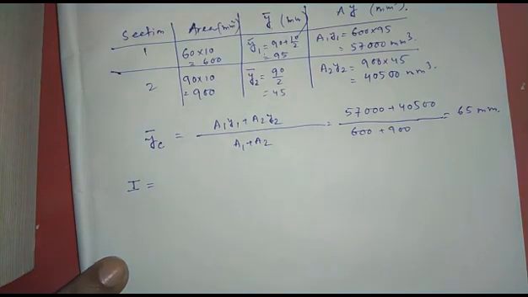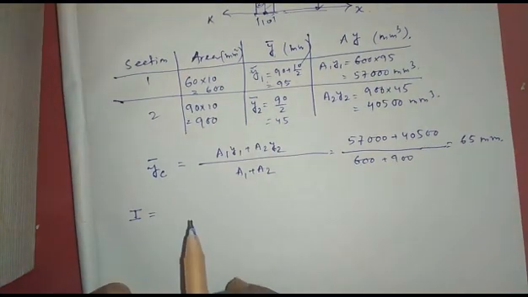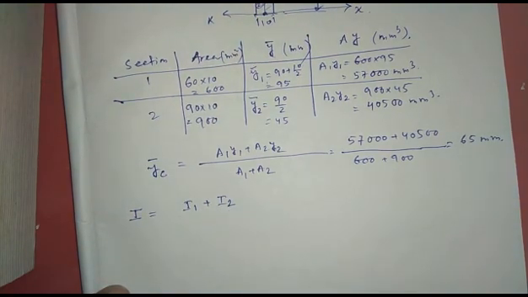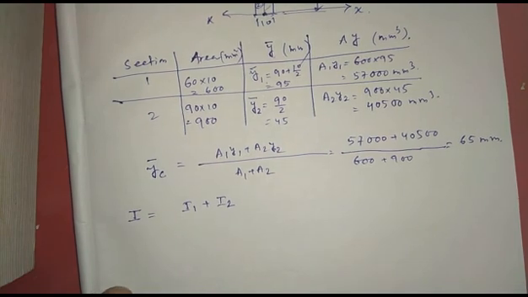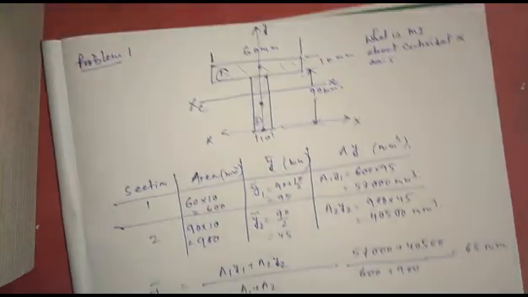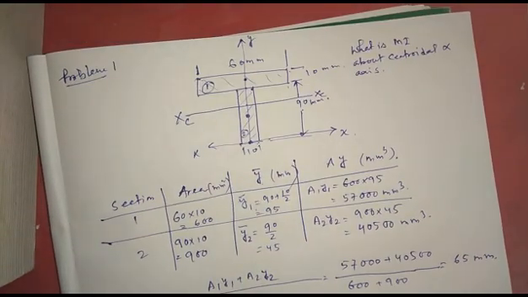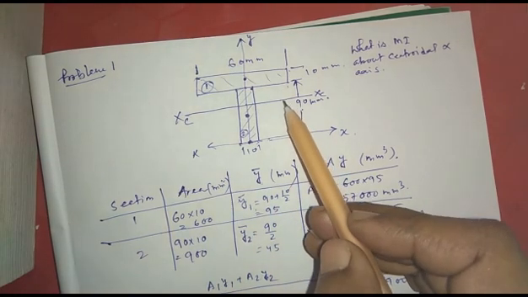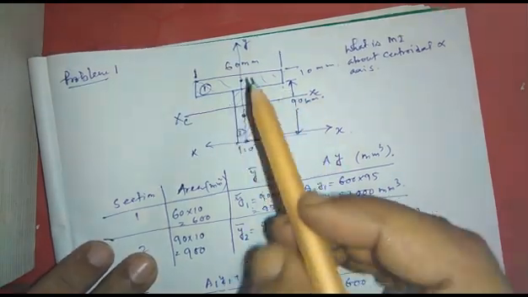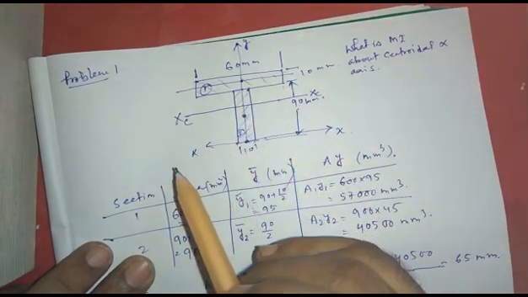I of the whole body is basically the summation of the moment of inertia of section 1 and section 2. Now what is the moment of inertia of section 1? Look, we need to calculate the moment of inertia of section 1 about this axis, but we know the moment of inertia of section 1 about its own axis.